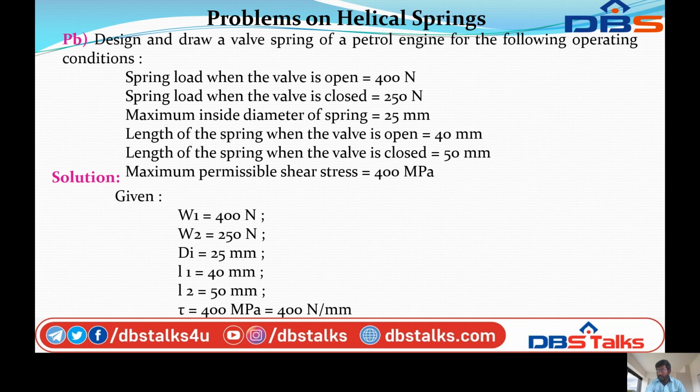Permissible shear stress tau is equal to 400 megapascals, that is equal to 400 Newton per mm square. So how do we design and draw the valve spring of a petrol engine?